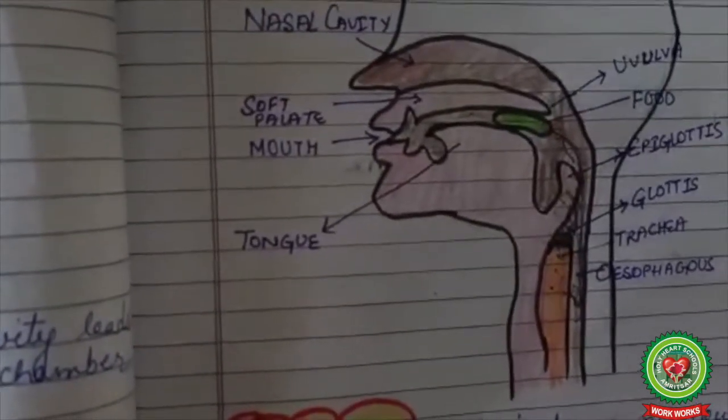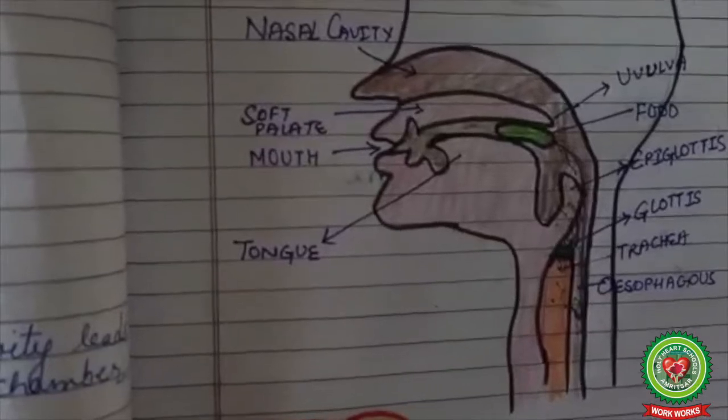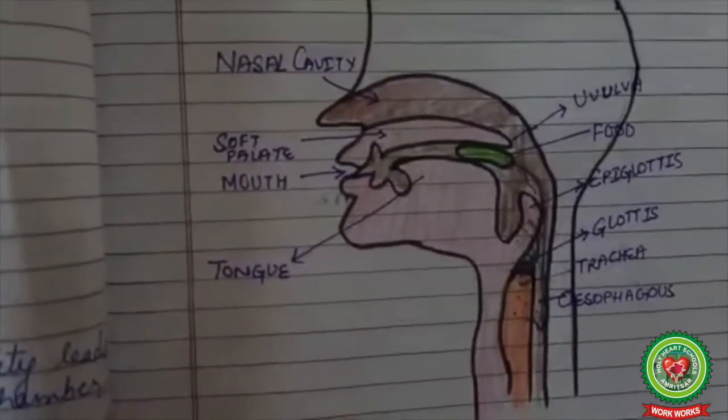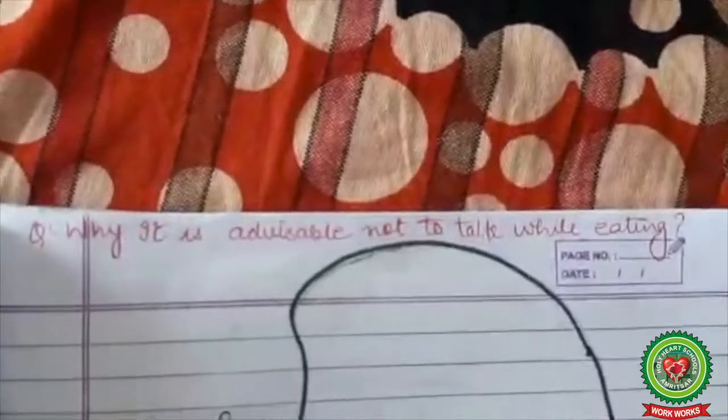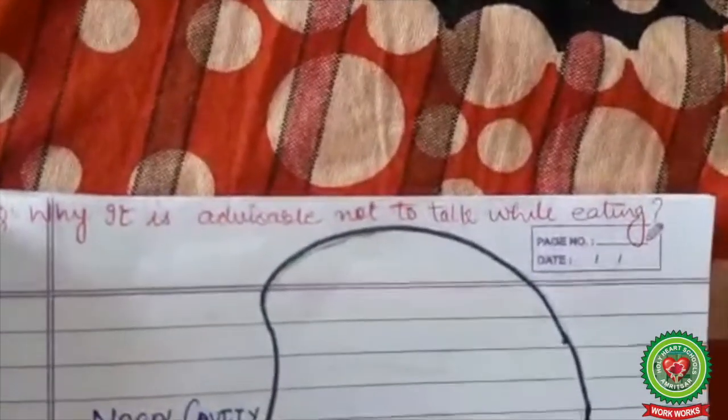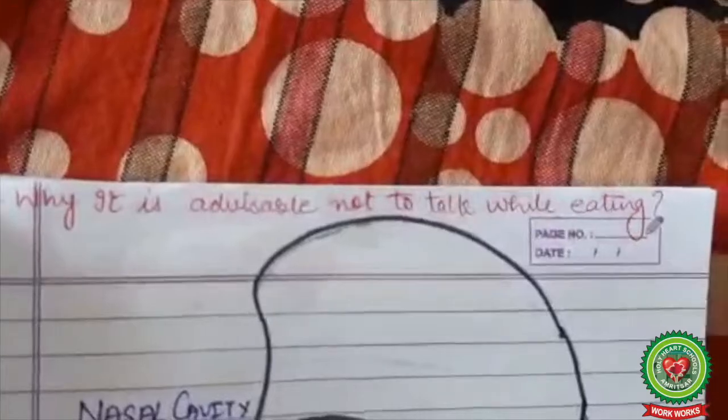So it is advisable not to talk while eating. Children, a question can be asked: why is it not advisable to talk while eating? So we have understood the answer now.